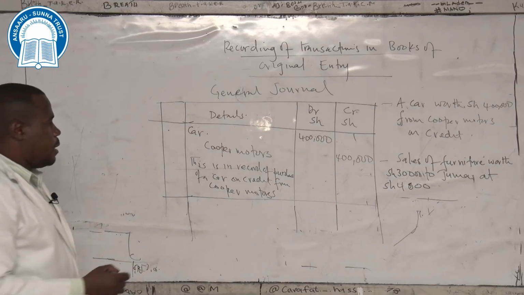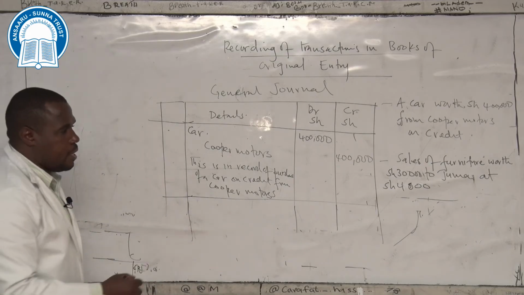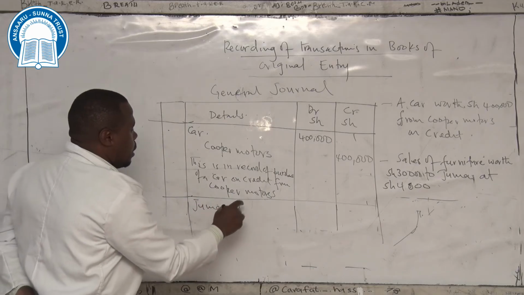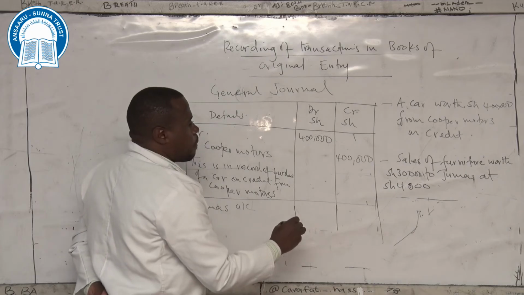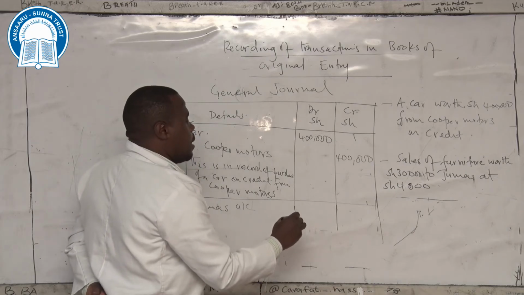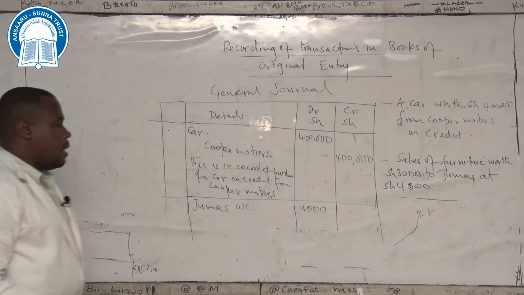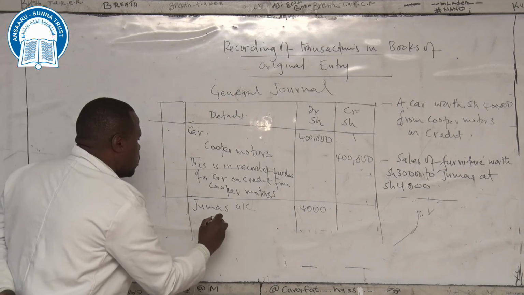Profit is a gain. So here first, which account is supposed to be debited? You'll see that it is Juma's account. Juma will be debited by 4,000. Then the account to be credited is the furniture account.